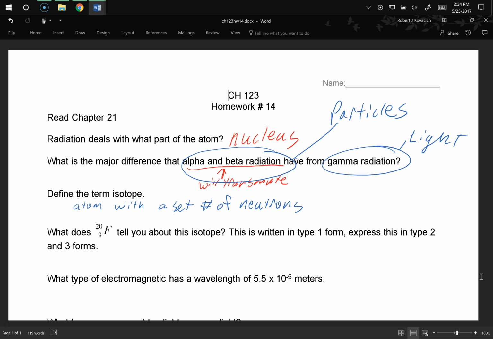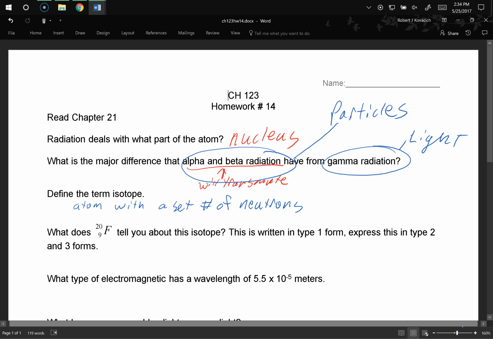And it matters. Why? Yeah, why does it matter that these things have different numbers of neutrons? Affects the density of the nucleus? Not the density. Level of radiation?